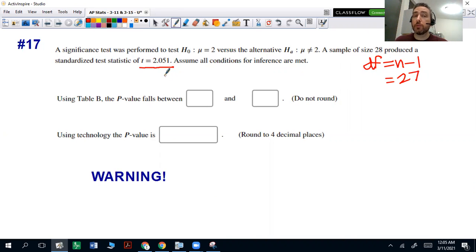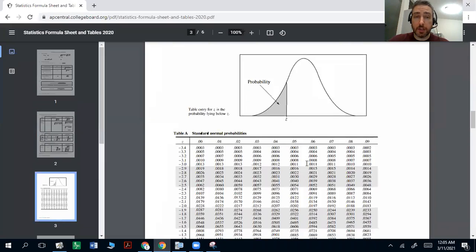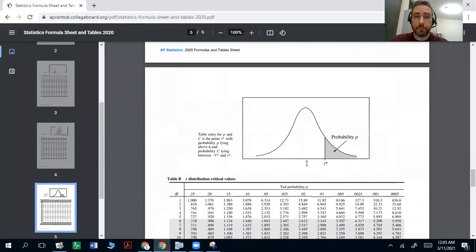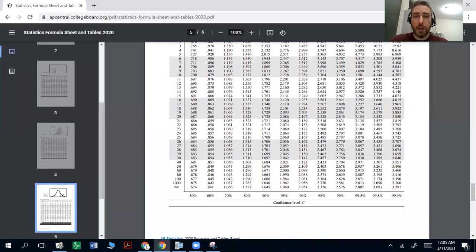Now, since our t is 2.051, we're looking for that in our table. Let me go to table B. I'm looking for 27. Why don't I annotate here?